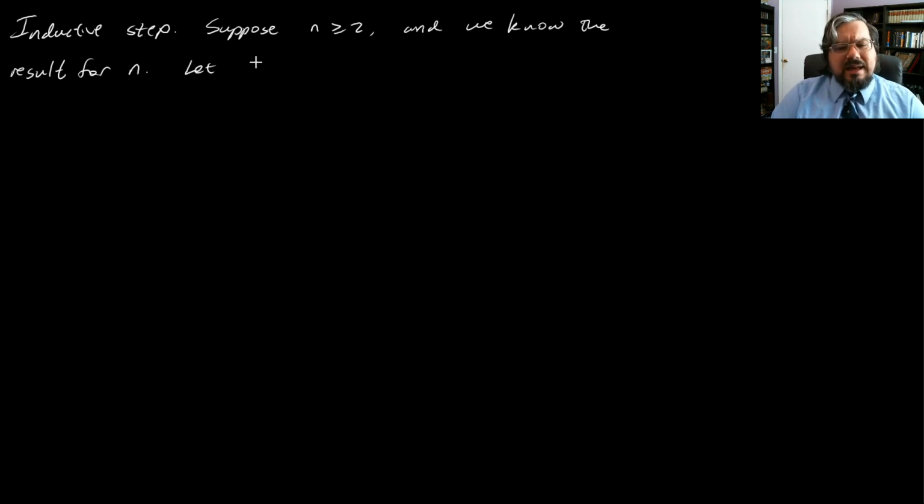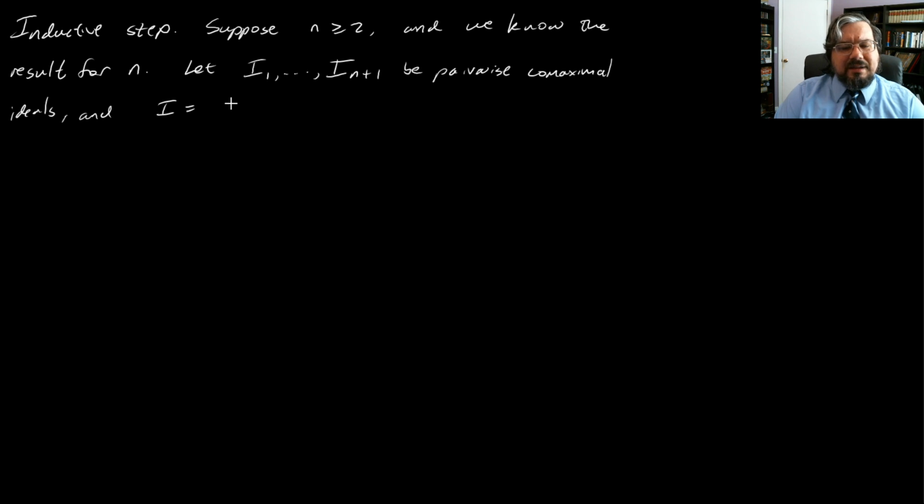Now, let's let I1 through I(n+1) be pairwise comaximal ideals. And let's let I be the intersection of all of them, the intersection from j equals 1 to n plus 1 of the ideals Ij.